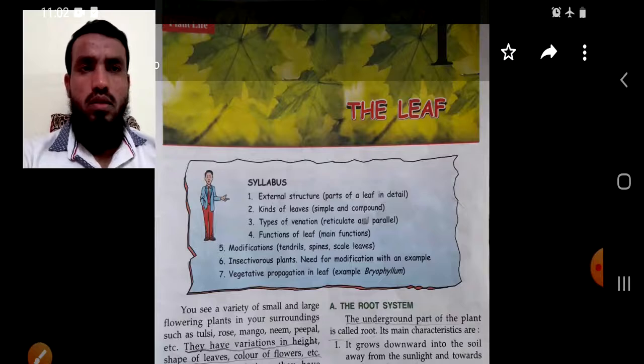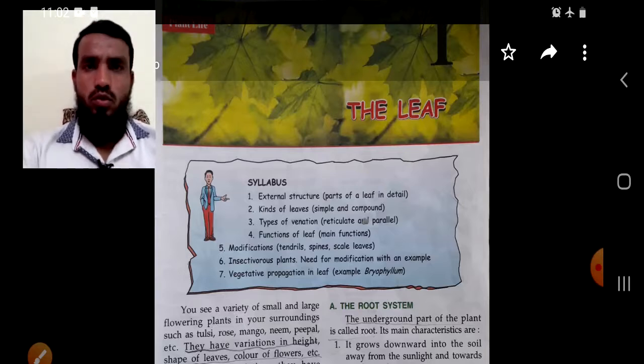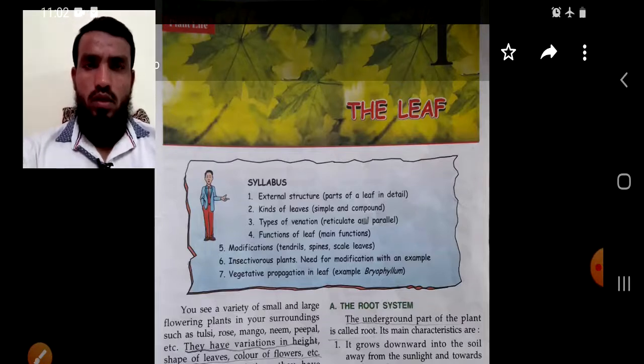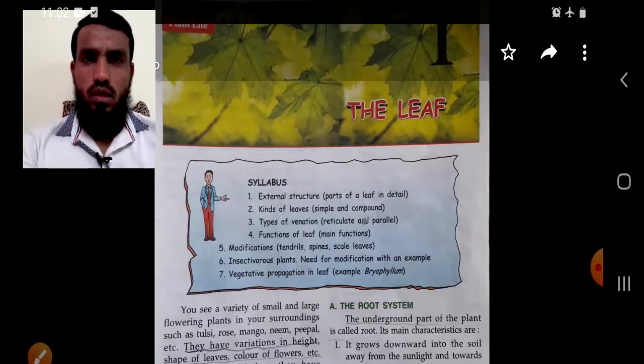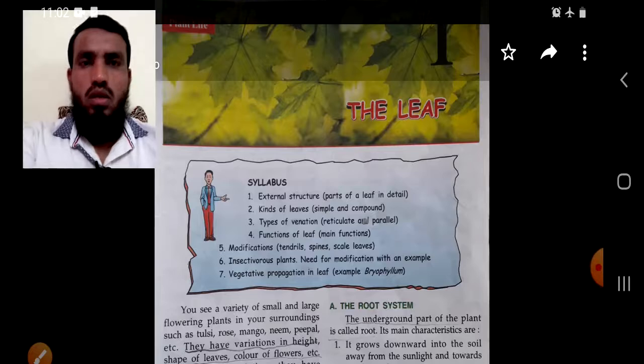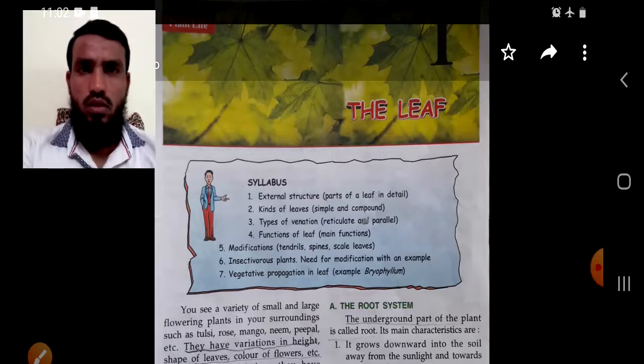In class 6, before starting, I just want to clarify some points. Up to 5th standard you have only one textbook for all the subjects, including physics, chemistry, and biology. All the topics are covered in one book, but now you are entering class 6, a higher class.